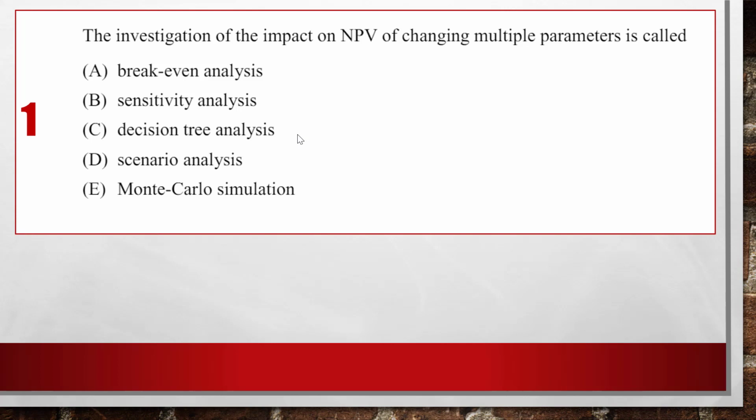So decision tree analysis is not the answer either. D. Scenario analysis is an analysis that considers the impact on NPV when we change multiple parameters altogether. So D is the right answer.